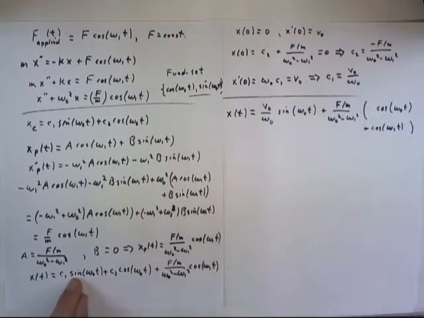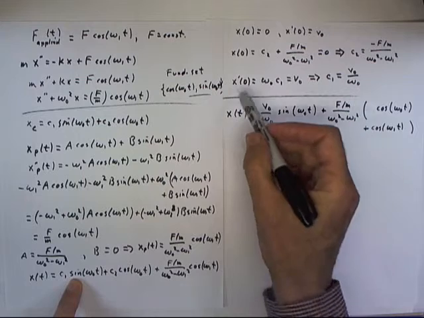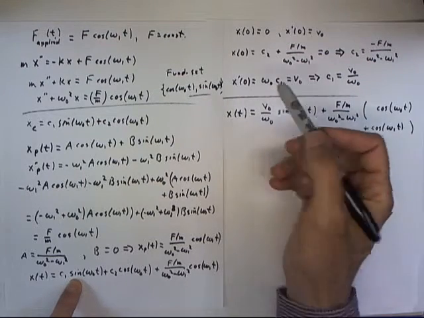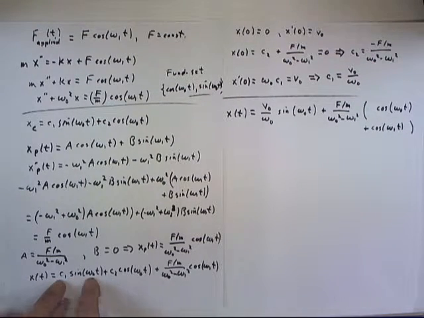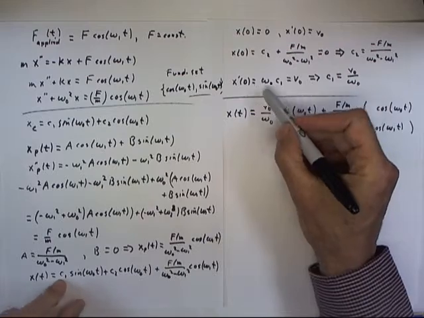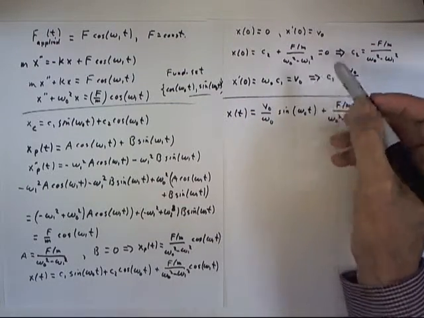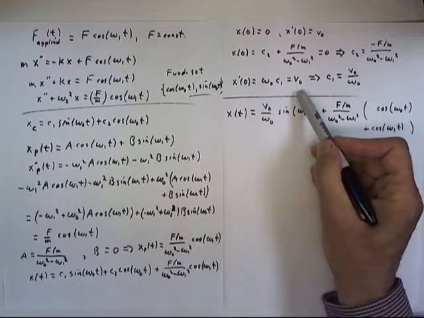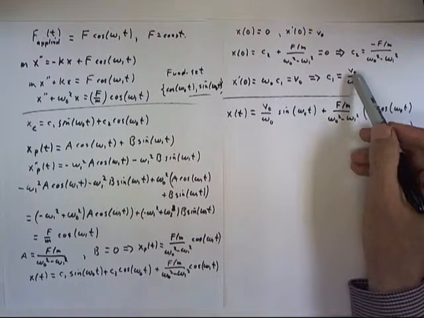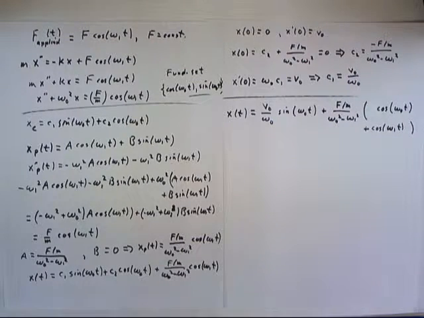This one does affect the initial condition on x prime. The derivative is going to be omega naught times the cosine of omega naught t. T is equal to 0, so the cosine is going to be 1, so we're just going to end up with an omega naught times C1. So x prime of 0 is omega naught times C1, that equals V0. So it follows that C1 is V0 over omega naught.